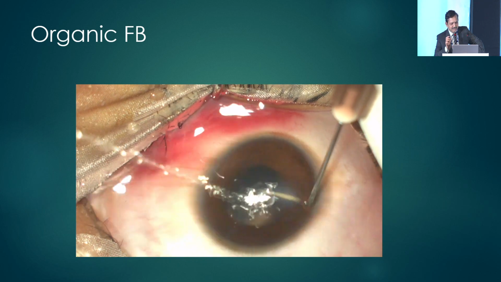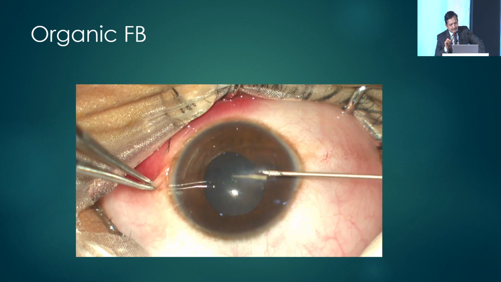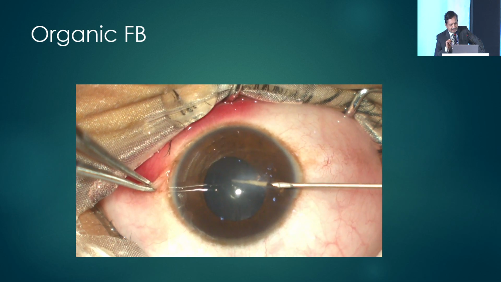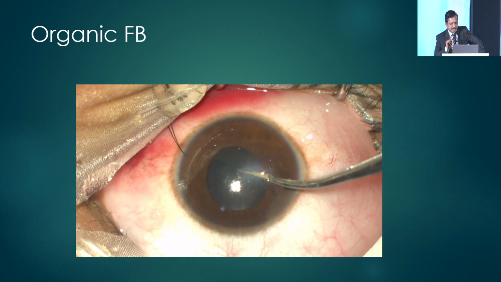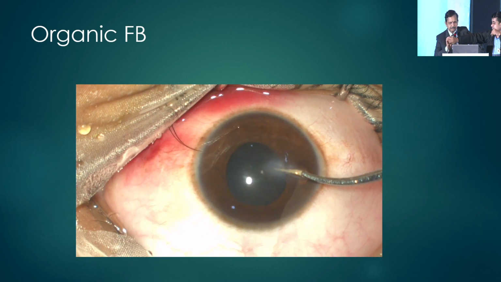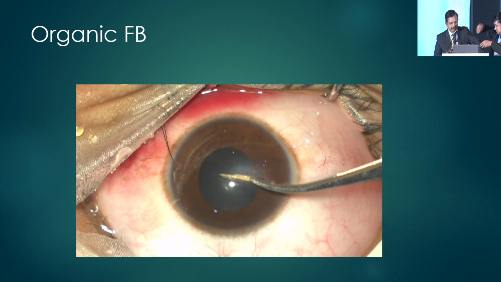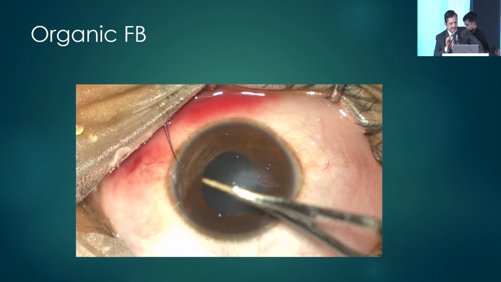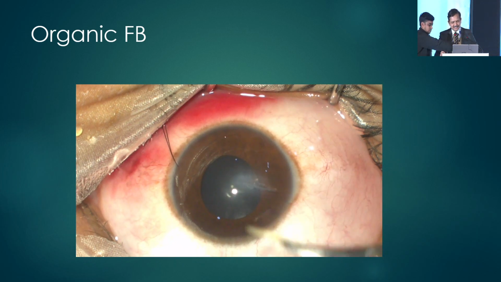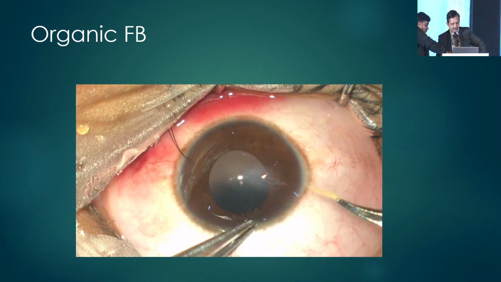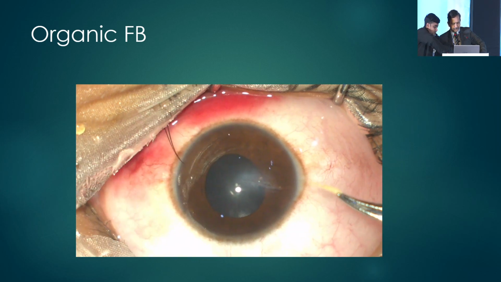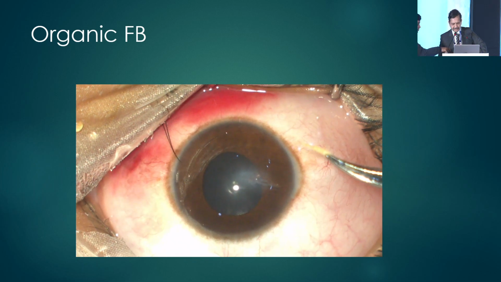All you have to do is just make an opening at the fag end of this and then take it out with a forceps like that. And at the same time, make sure by Seidel test that this track is not open.